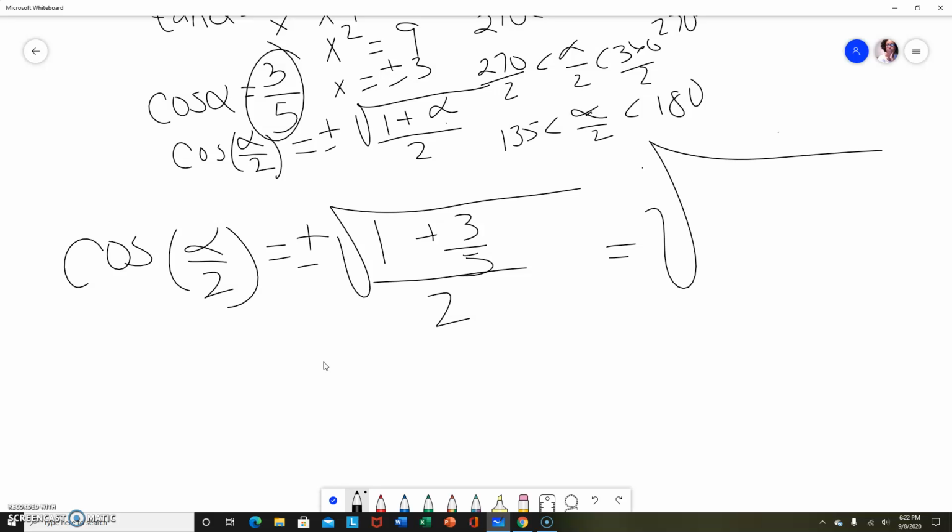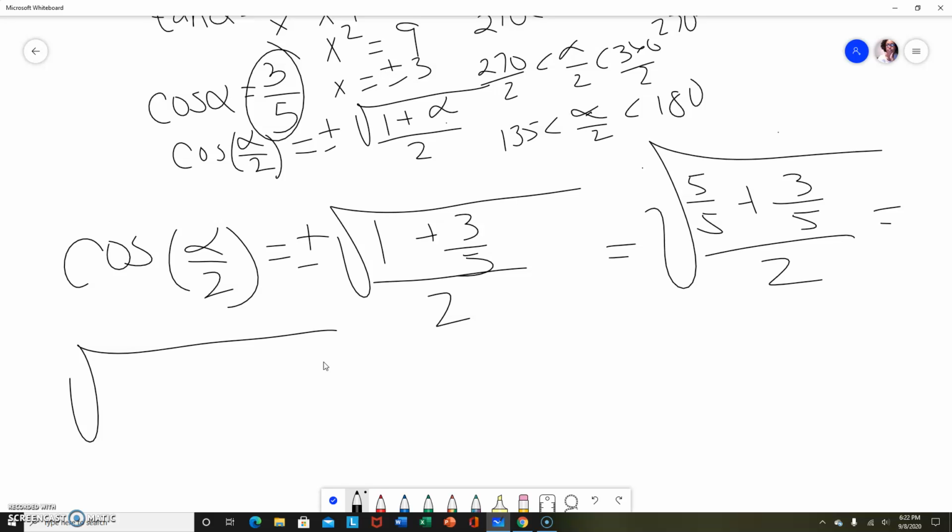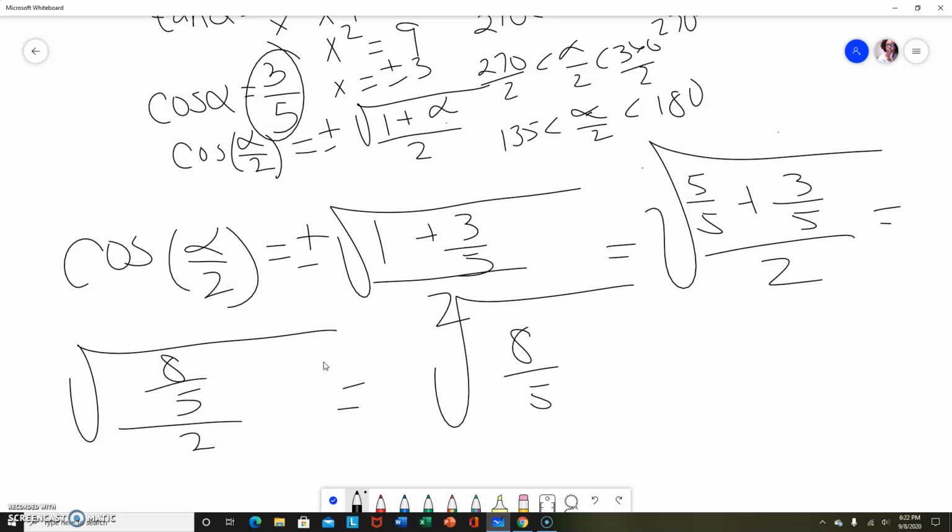So I get the square root of, I'm going to go ahead and change this to 5 over 5 plus 3 over 5, all divided by 2, which is going to give me the square root of 8 over 5 divided by 2, which is the square root of 8 over 5 times 1/2, keep change flip, which is going to give me the square root of 4 over 5.